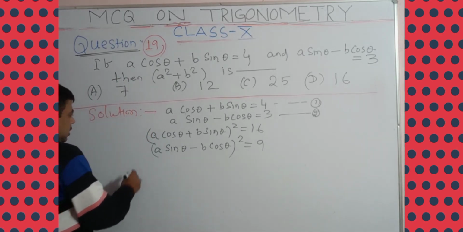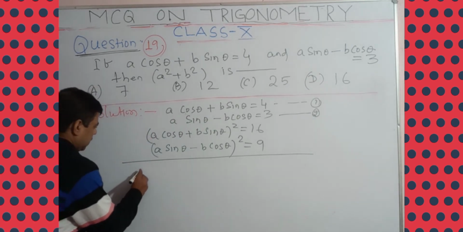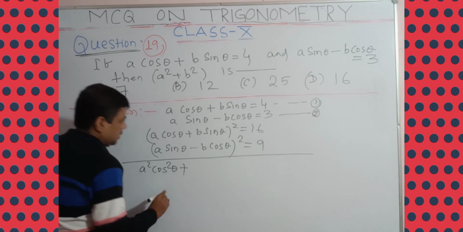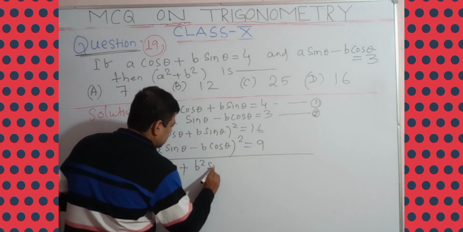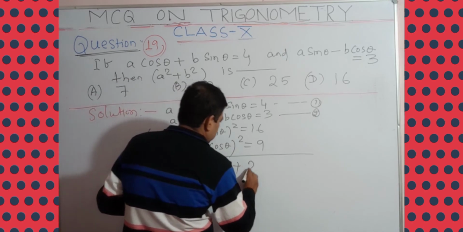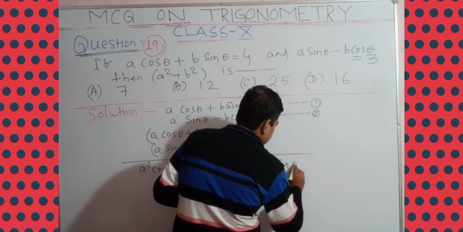Now add equation 1 and 2. You will get a square cos square theta plus b square sin square theta plus 2ab, what? Sin theta into cos theta.